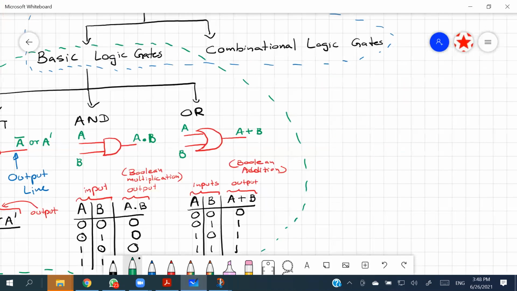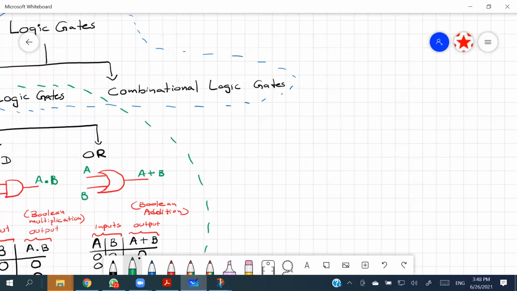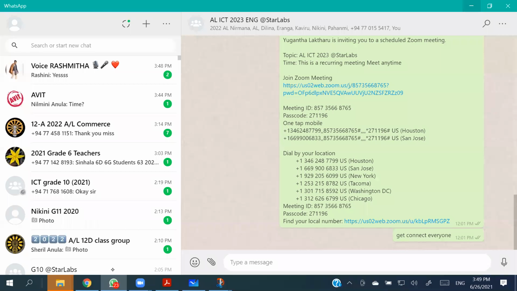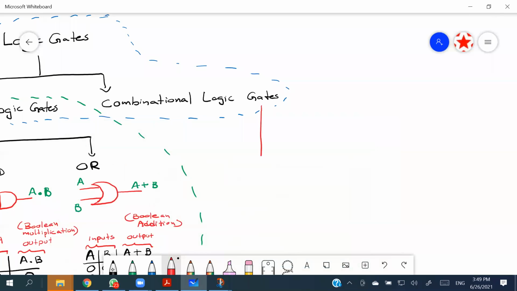Now, in combinational logic gates, I'll tell you the story over here. There are two types. One is called NOR. The other one is called NAND. Can you find anything familiar? We know OR and we know AND.